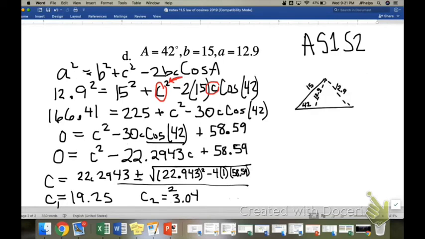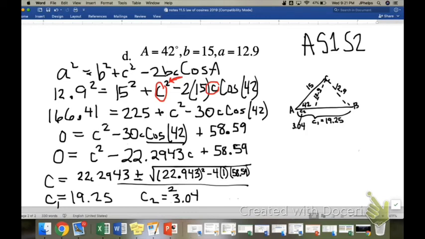So now that we've got our two values for c, we can go back over and look at the diagram. So C1 is 19.25. That represents this whole side. So if this angle is C, then C1 is going to be this whole side, which is 19.25. And then we know C2 is 3.04, which would be just this little length.